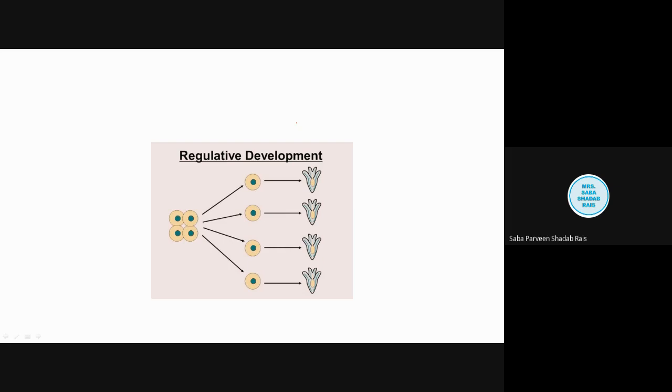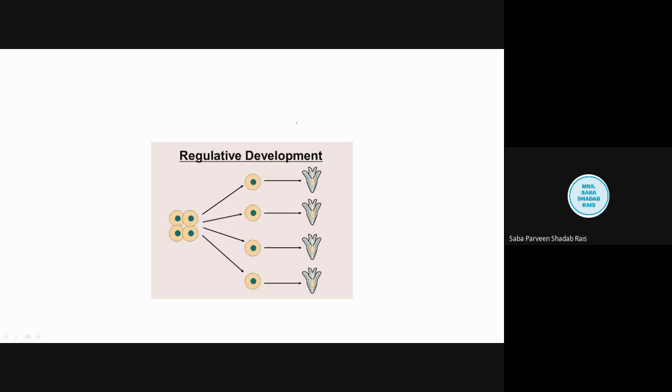Second category, classification of the egg based on distribution of yolk: isolecithal, telolecithal, and centrolecithal. Telolecithal could be slightly telolecithal, moderately telolecithal, or pronounced telolecithal.